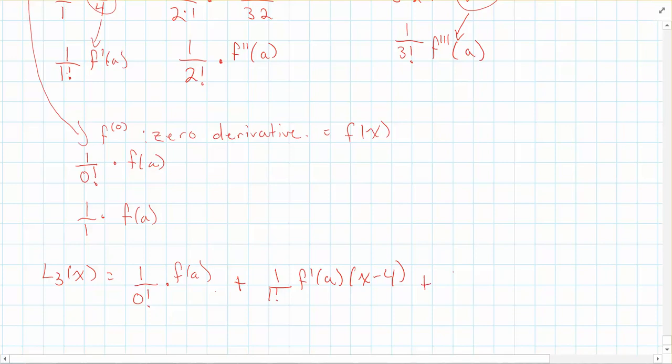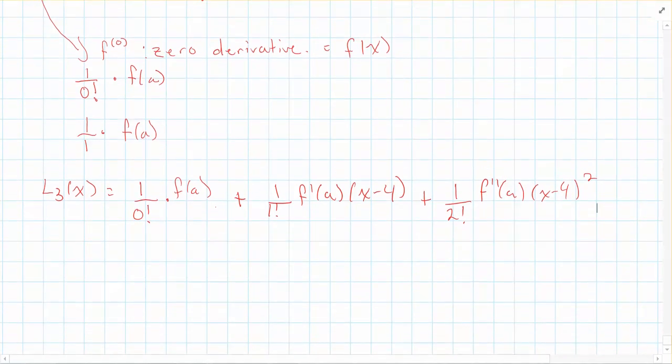Plus 1 over 2 factorial f double prime at a, x minus 4 squared. Apparently I was writing too big, so I'm going to have to write a little smaller. Plus 1 over 3 factorial f triple prime at a times x minus 4 cubed.